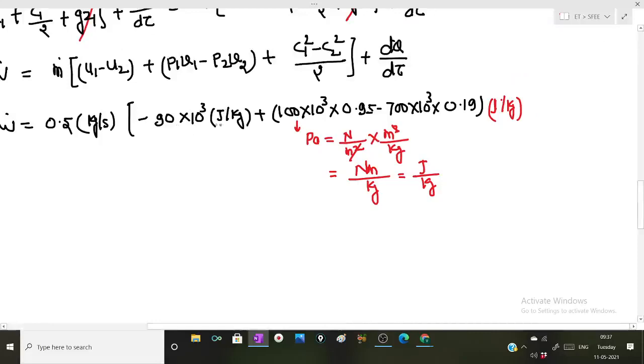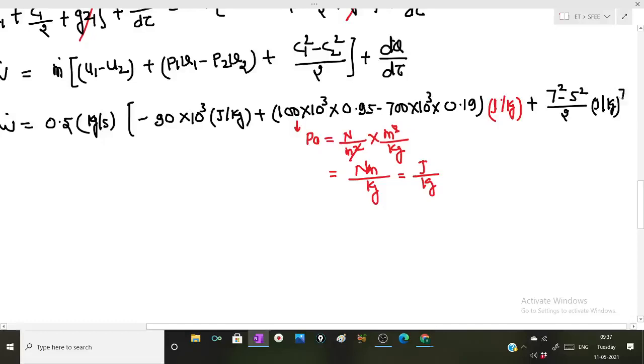So U1 minus U2 is this much, P1 V1 minus P2 V2 after balancing the units. Then C1 squared is 7 square and C2 squared by 2 is 5 square by 2. This unit is already in joule per kg, because half m c square will give you joule and c square by 2 will give you joule per kg.